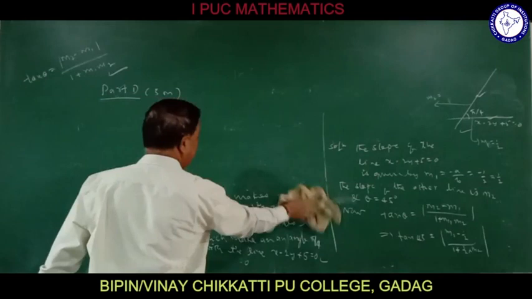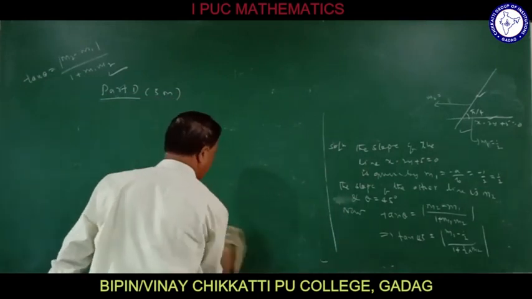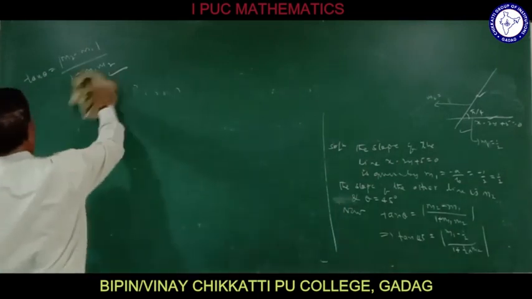See what simplification gives: tan theta equal to m2 minus m1 divided by 1 plus m1 m2.